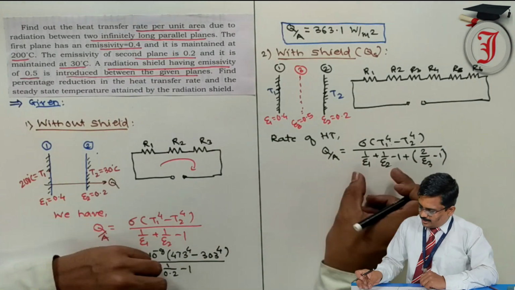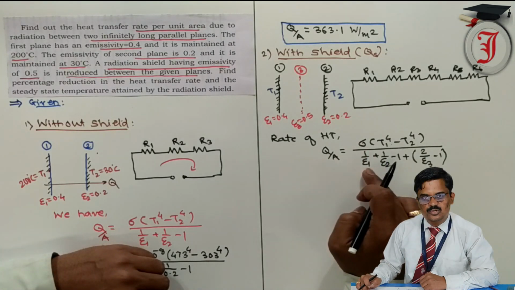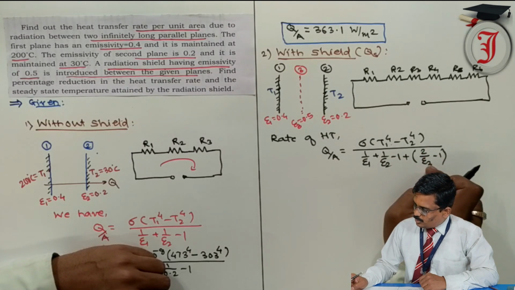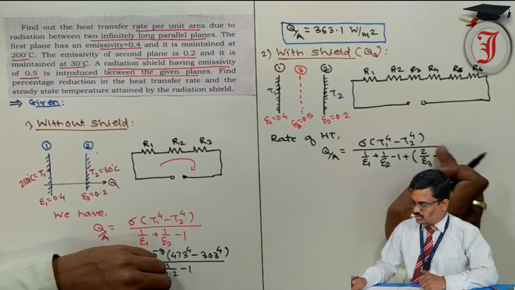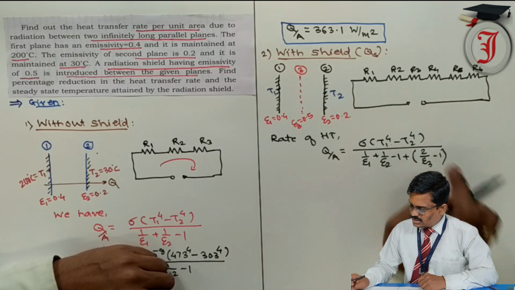The resistance without shield is 1 upon epsilon 1 plus 1 upon epsilon 2 minus 1, and 2 upon epsilon 3 minus 1 is added per shield. So there is 1 shield, so we have to use this term.